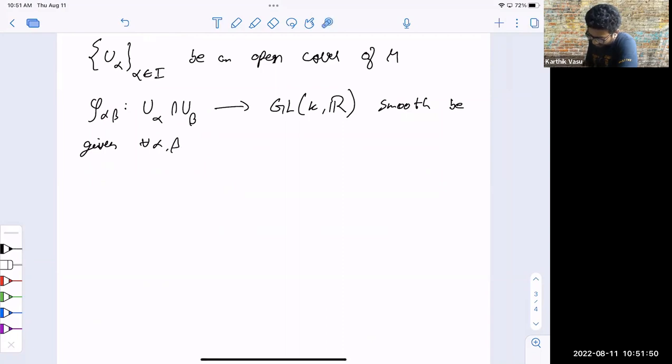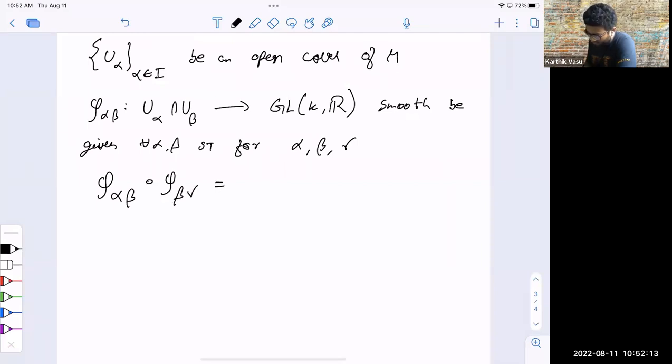So U was an open cover, and for each pair I want to have such a map, which has more properties, such that if you take a triple alpha, beta, and gamma, then you want phi alpha beta composed with phi beta gamma to be equal to phi alpha gamma.